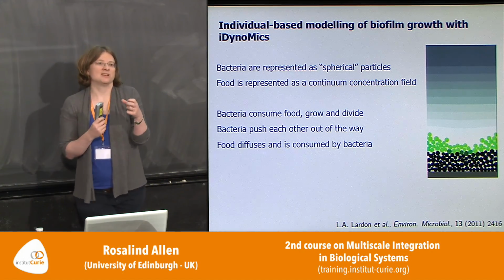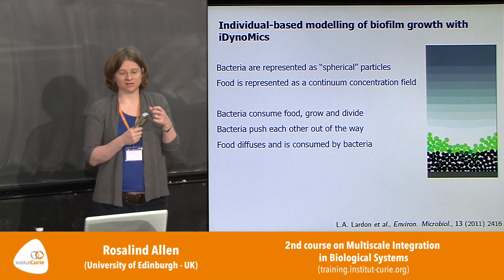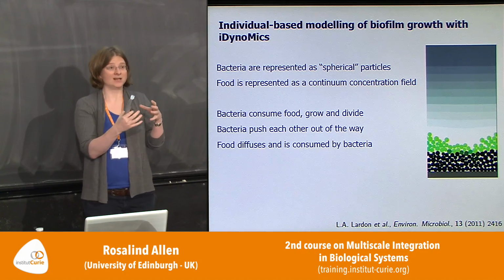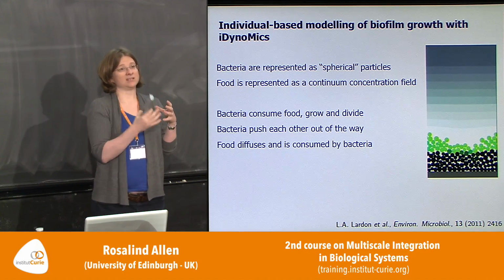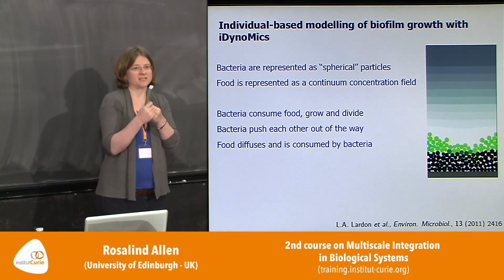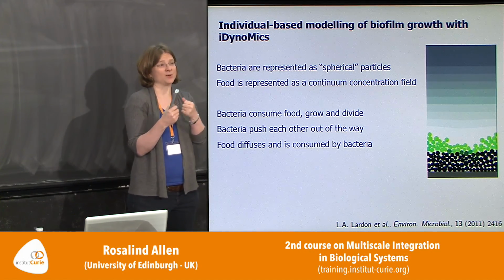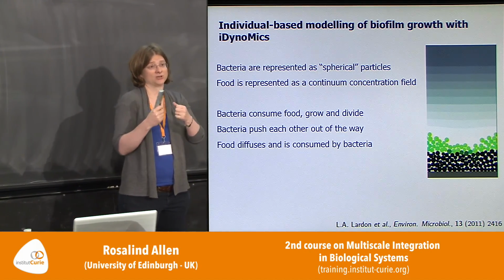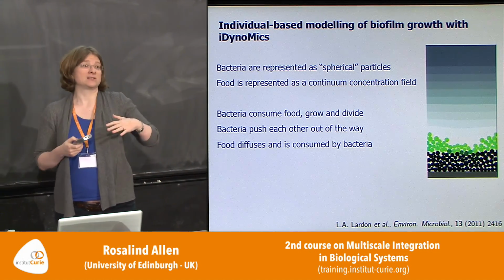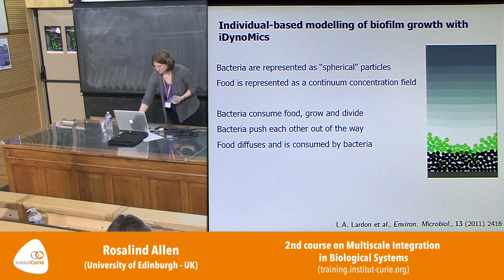An individual bacterium consumes food, depending on its local concentration. It grows, which means the sphere expands, and when it gets to a critical radius, it divides in two and makes two bacteria. Individual bacteria are also designed so that they can't overlap. So there's a steric interaction which causes the whole biofilm to expand. And the nutrient diffuses and is consumed by the bacteria.